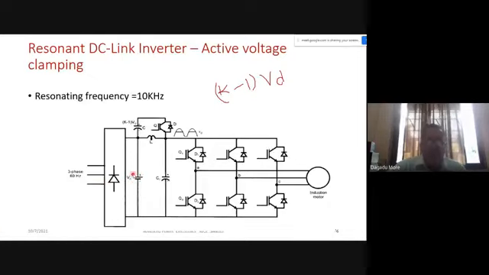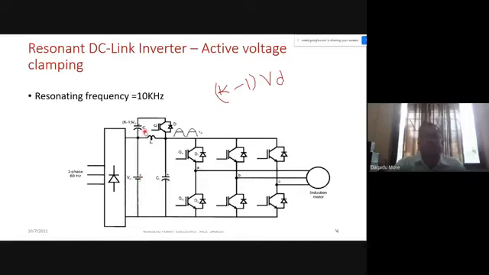It is VD. Then with how much voltage can we pre-charge the capacitor? The voltage across the capacitor is K minus 1 into VD, and our normal K will be 1.5, so the voltage across the capacitor should be 50% of VD.